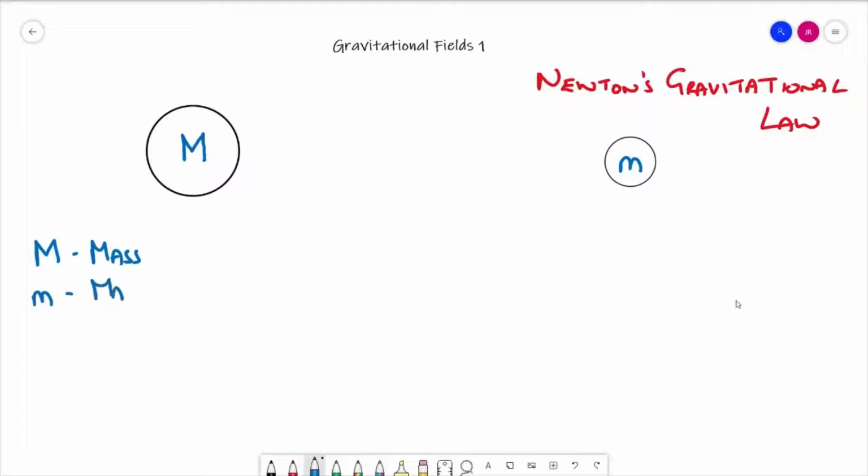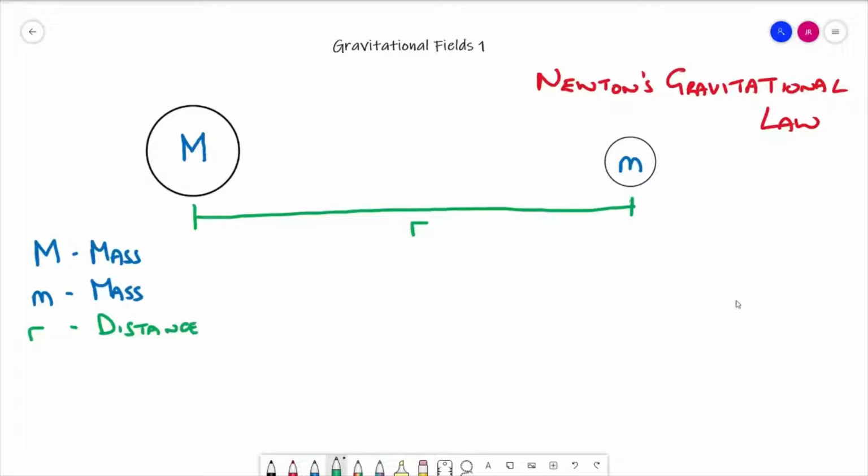So we're using both big M and little m for mass. I'm also going to label the distance between the two, which will be labelled r. So r is the distance.